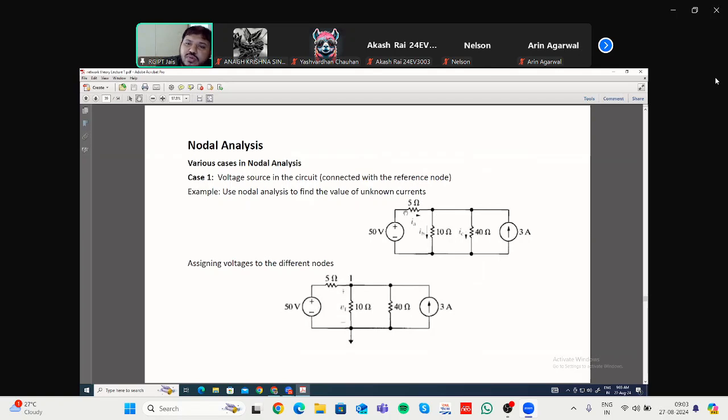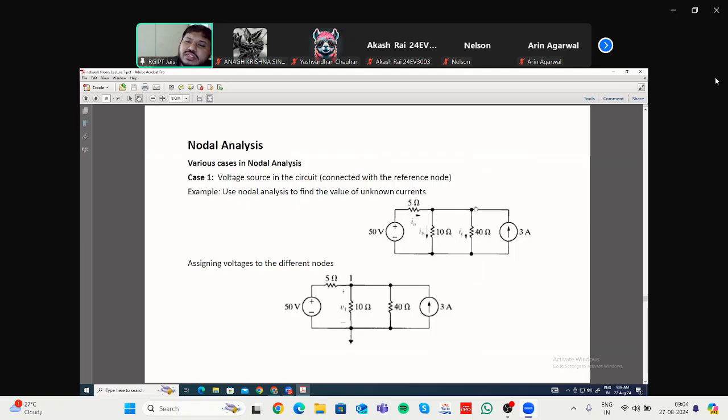Node one. Again, this you consider as a node, but we will consider this as a single branch. We are not considering this as a node because it will just lead to extra equations that you need to solve. So we'll consider this as a particular branch.